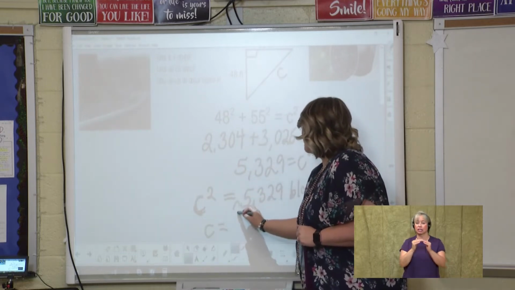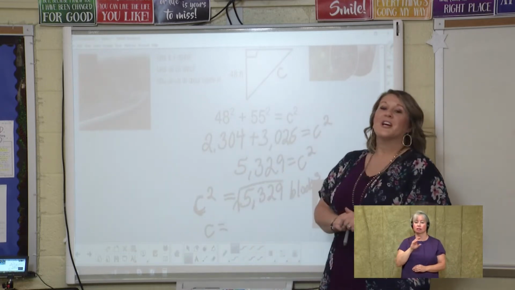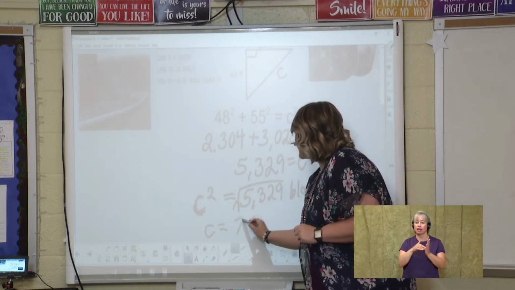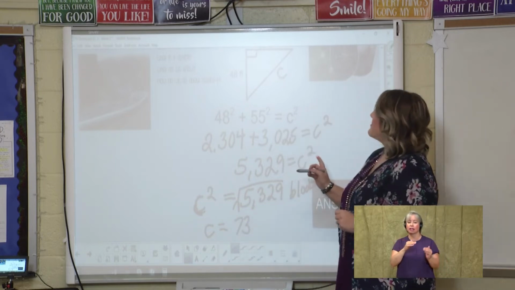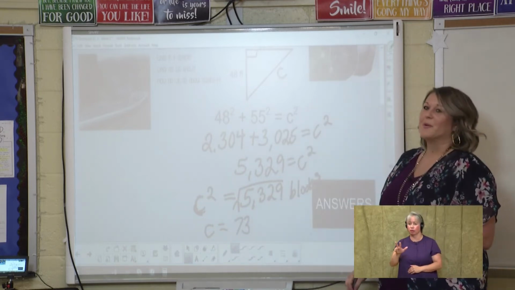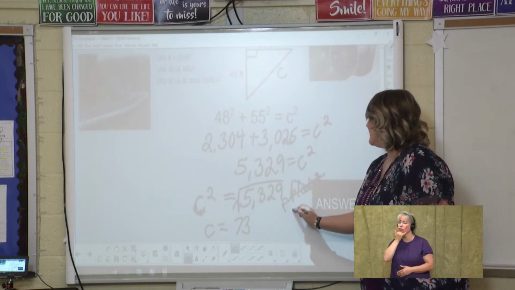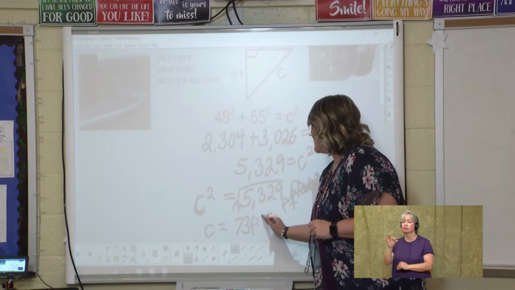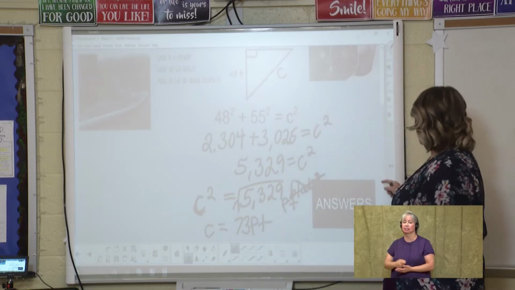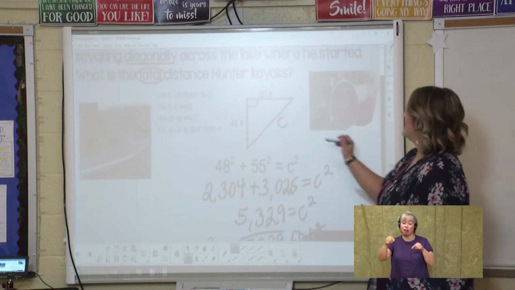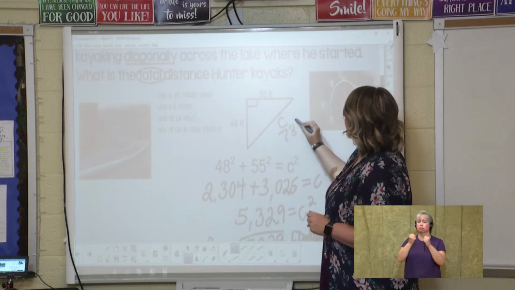So the square root of 5,329 is 73. And are we working in blocks here? I wrote blocks earlier, but what are we working in? Feet. Feet, okay? So that was the distance that Hunter kayaked diagonally. 73 feet.